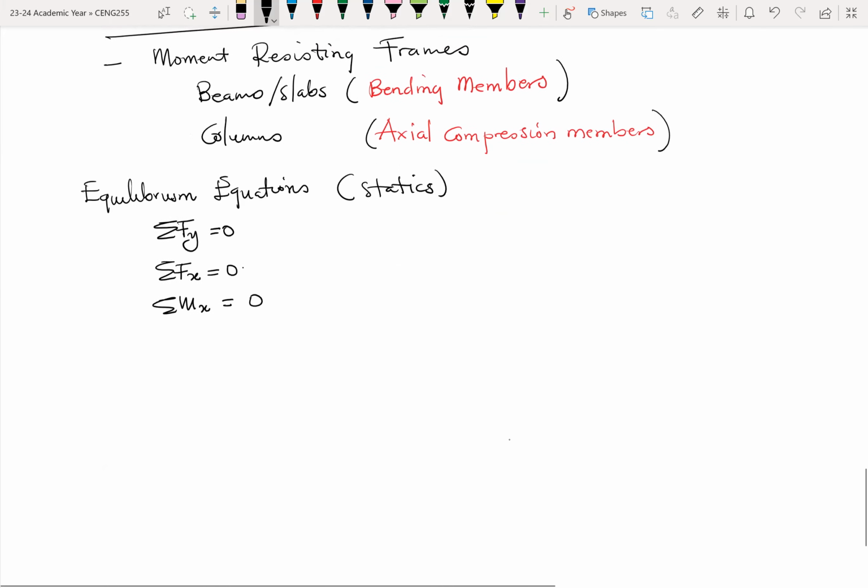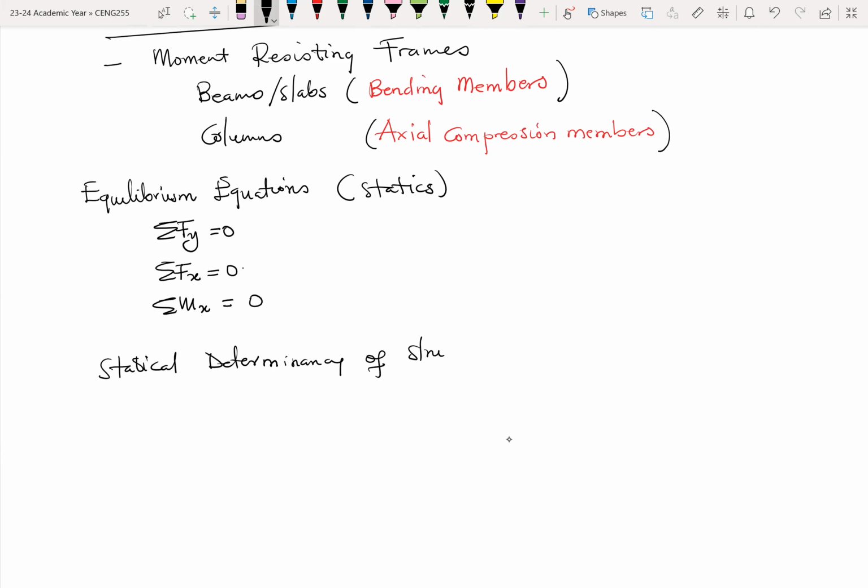And before you could even use these formulas, we should be able to define or tell whether a structure is statically determinate or not.